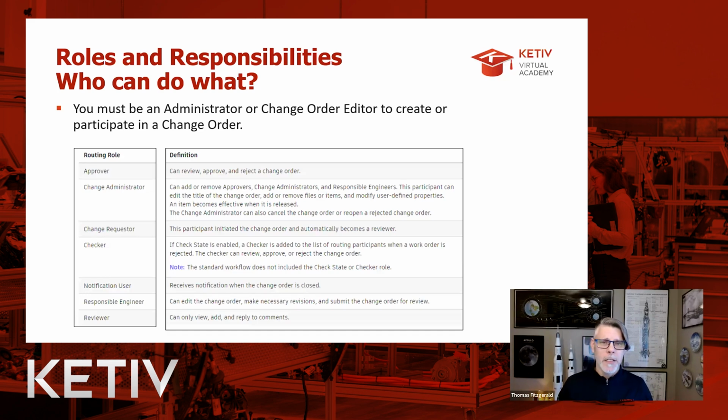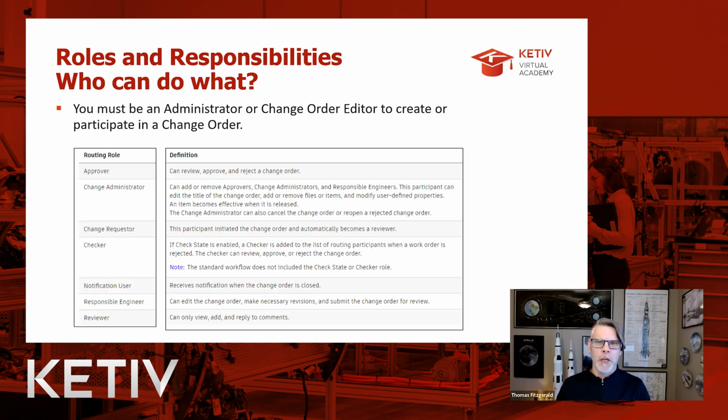In a lot of cases, when we engage with customers to implement Vault, we'd like to know how you're currently doing things. If your current process aligns with the strengths of Autodesk Vault, then we'll try to replicate that process. But in some instances, a lot of instances, quite honestly, some of the features and capabilities within Vault are greater than the processes that you currently have in place.